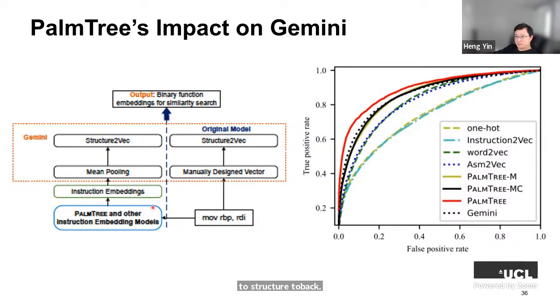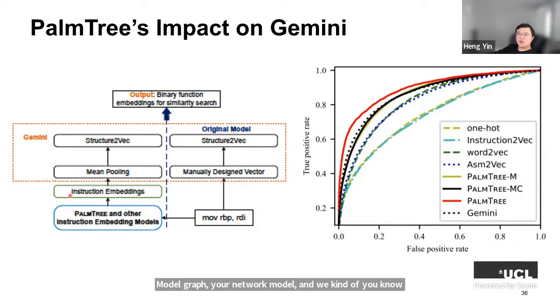We replace this part with the instruction embedding that we learned, with a simple mean pooling layer, and feed it into the Structure2vec. Then we show you the comparison results for Gemini. We may see that these curves seem to be much lower than the ones we probably showed earlier. The reason is that we use a completely different test set than the training set.